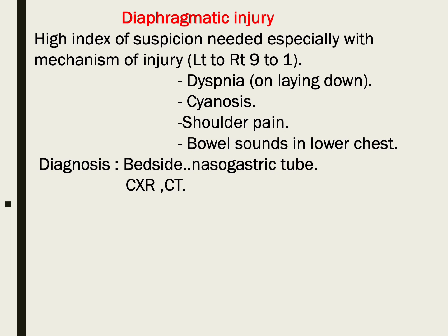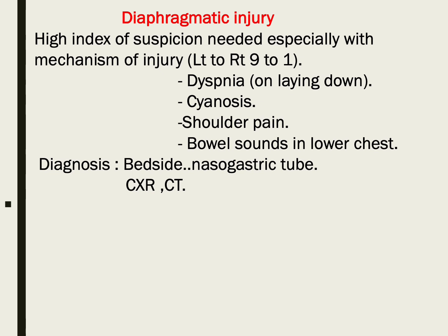So it's important to detect the diaphragmatic injury, particularly if there is an injury to the lower chest, lower ribs. The patient will usually present with dyspnea on lying down, because at this time the intestinal contents will be pushed inside the chest. They might also have cyanosis, and by auscultation you might be able to hear bowel sounds.